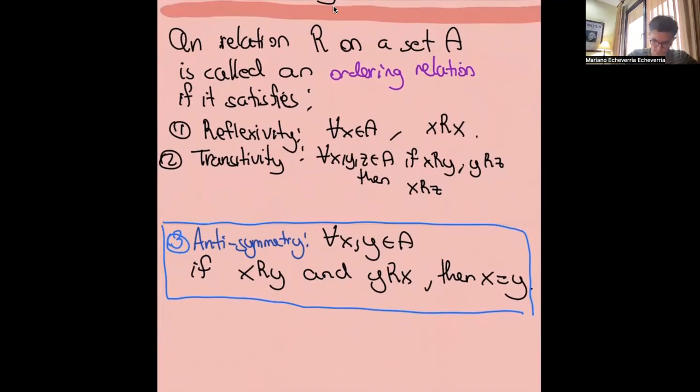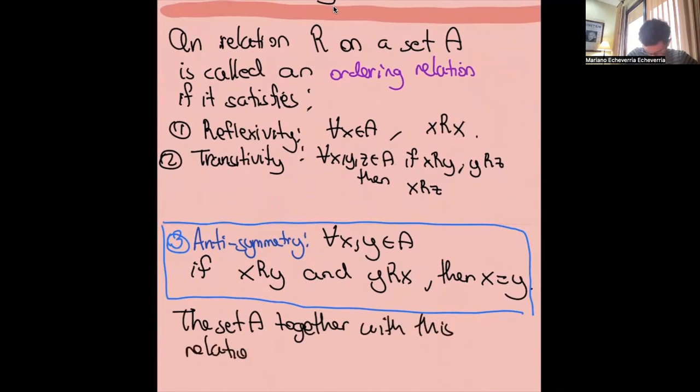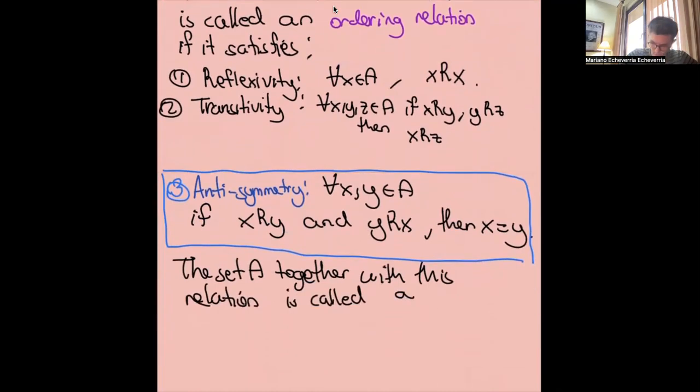And the set A together with this relation is called a poset. Poset stands here for partially ordered set. So this is what this means.